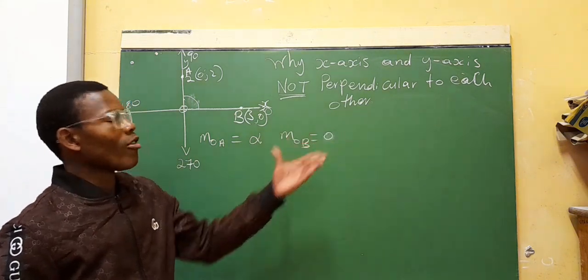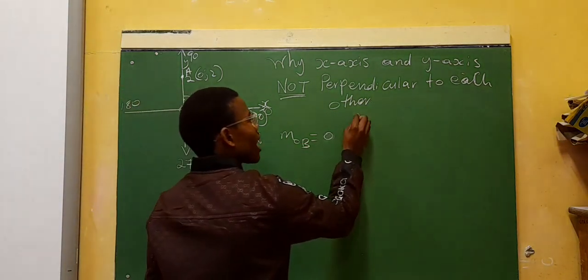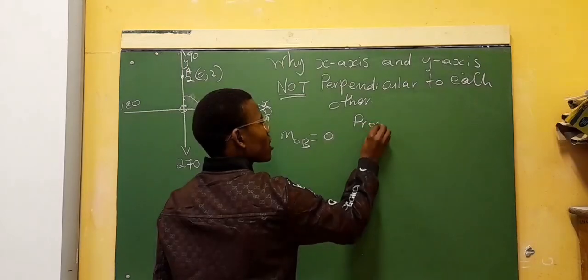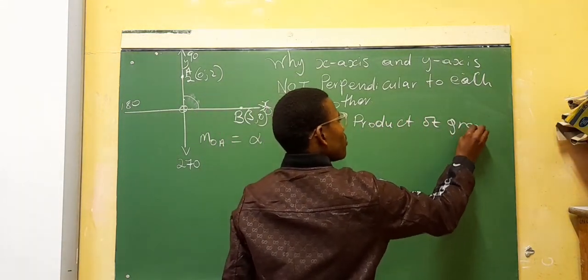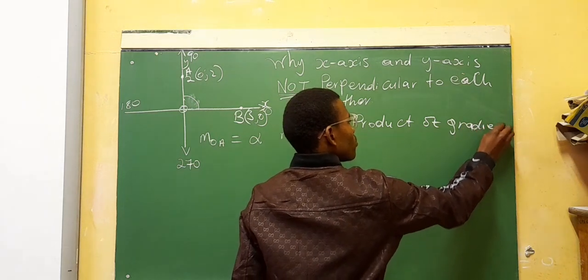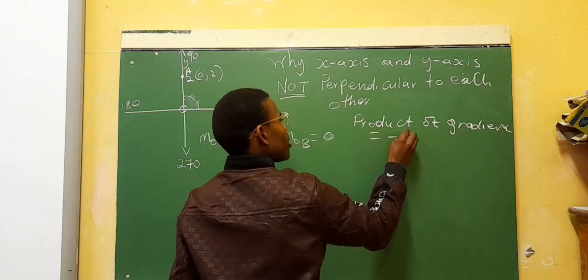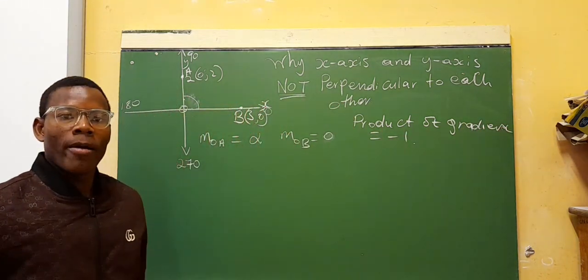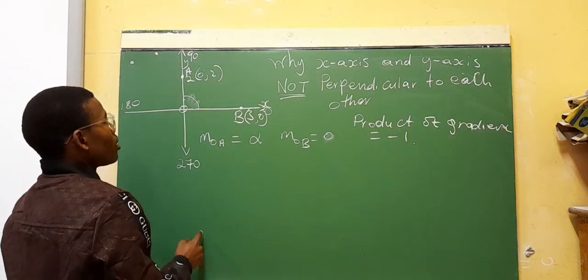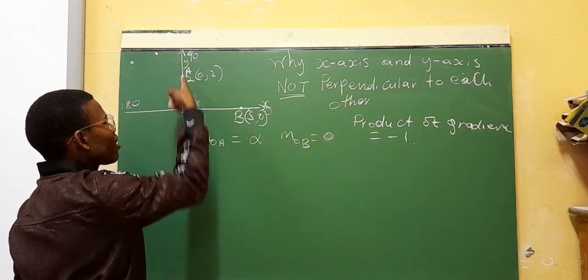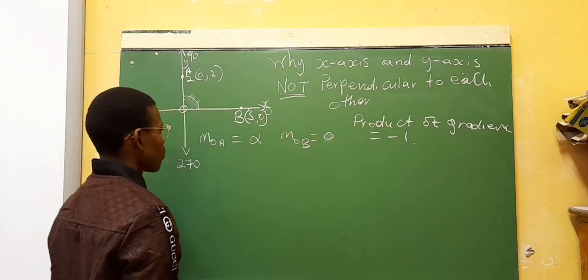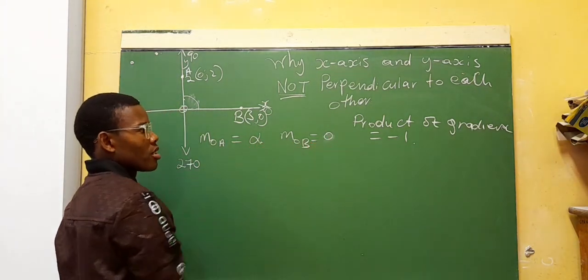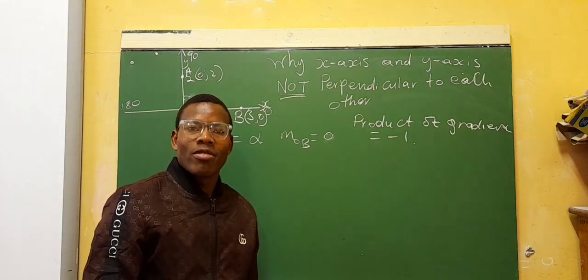According to the idea of perpendicular lines, the product of their gradients is equal to -1. So is the gradient of this line times the gradient of this line equal to -1? I don't think so. Undefined times 0 can never give me -1.